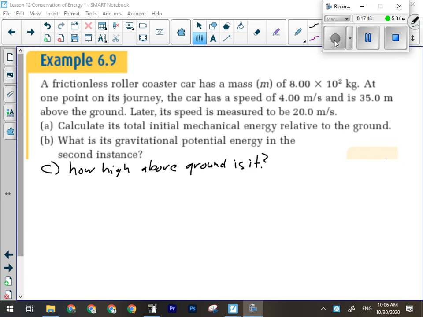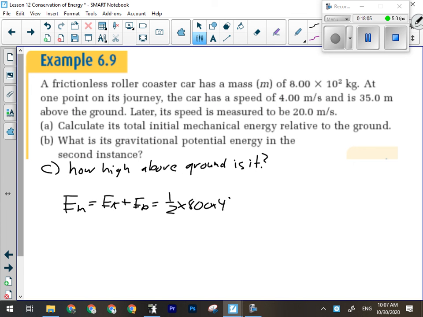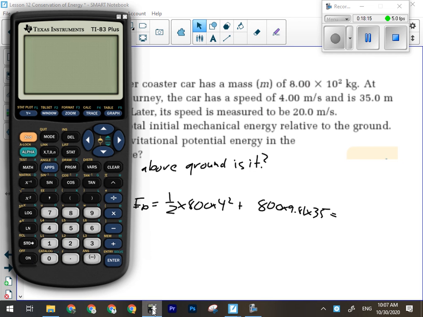All right, so to calculate mechanical energy, all we do is take the kinetic and add it to the potential. So that's going to be 1/2 times 800 times 4 squared plus 800 times 9.81 times 35 meters. So that'll get us the initial mechanical energy.